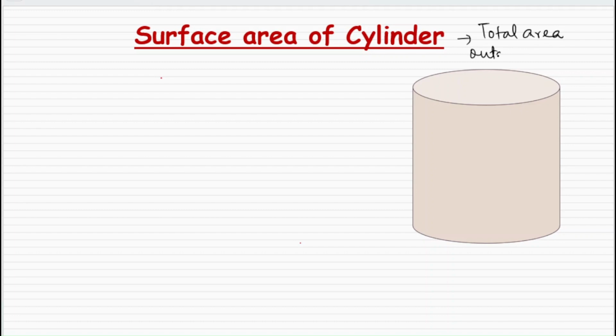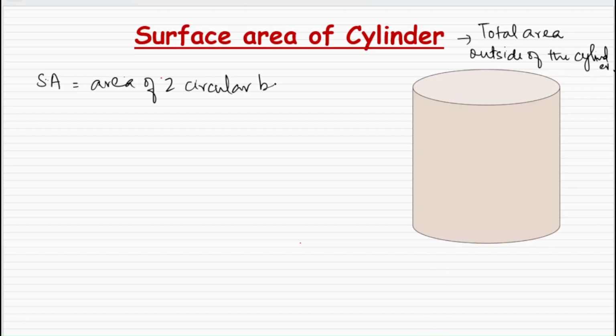Since it has three parts, the formula for the surface area is the area of two circular bases plus the area of the curved surface.